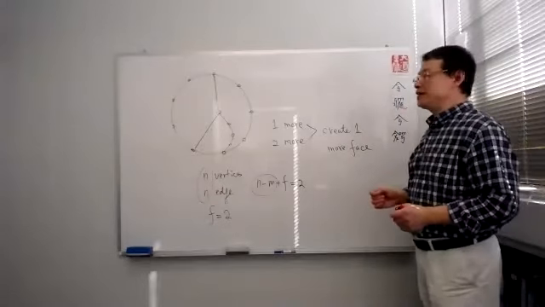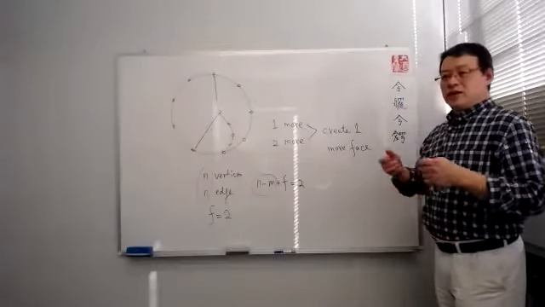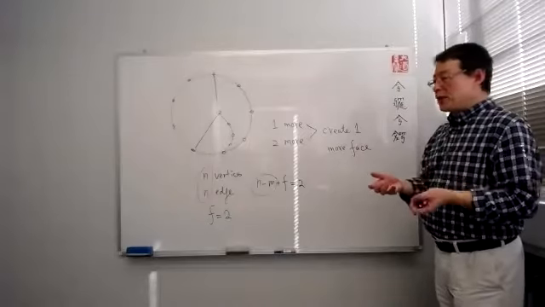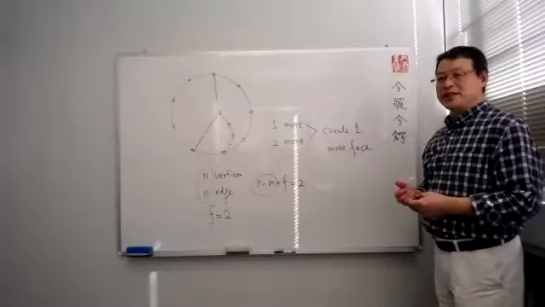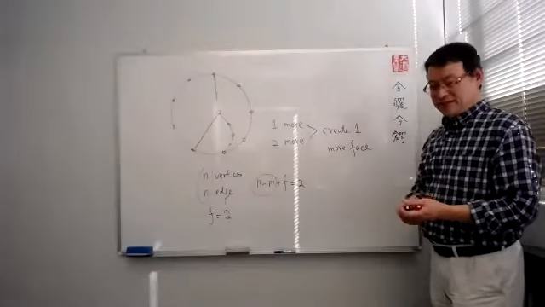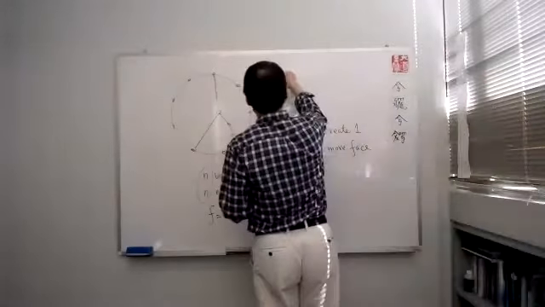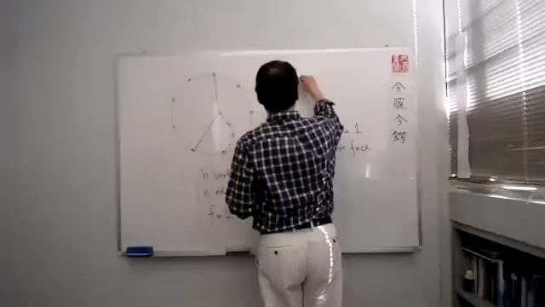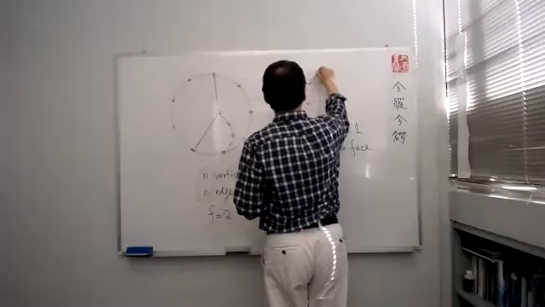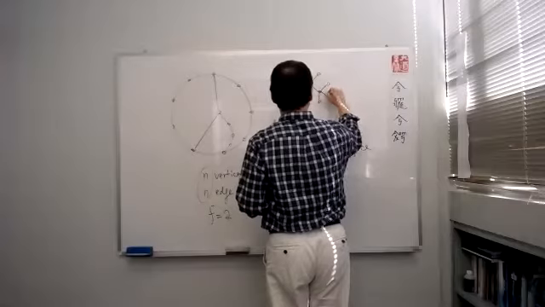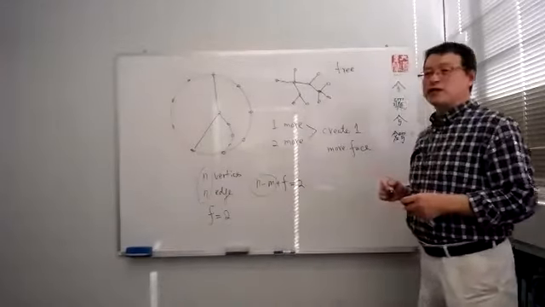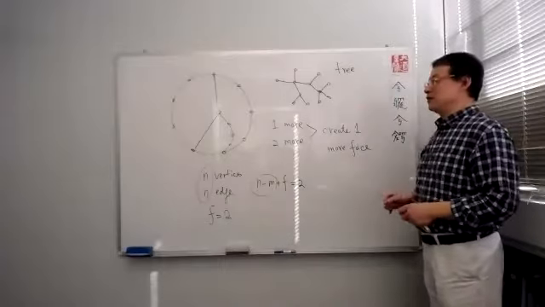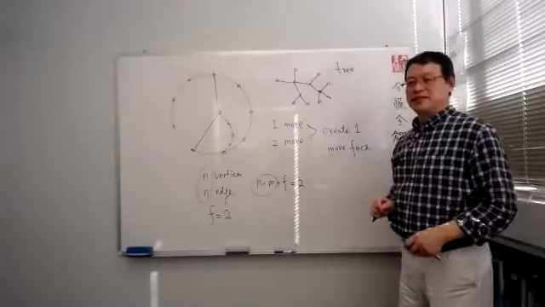But of course, you may say, what happens if a graph has no cycle? Then we cannot use this idea. For this kind of graph, that's called a tree, right? A tree is a connected graph without a cycle. For this kind of graph, we cannot use this argument.